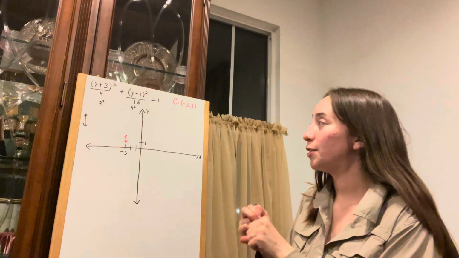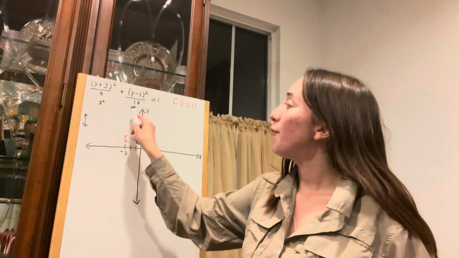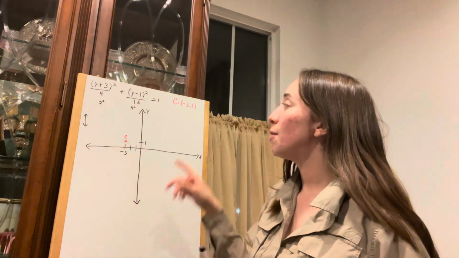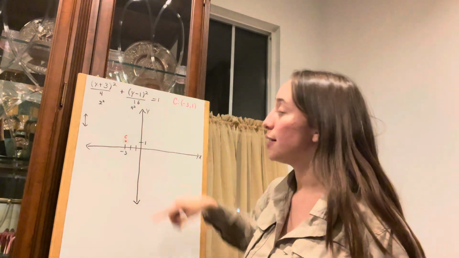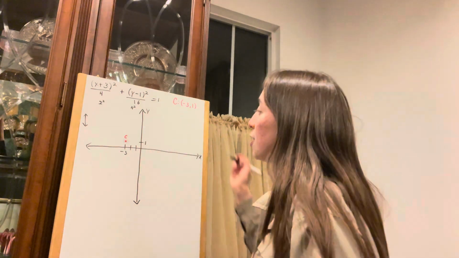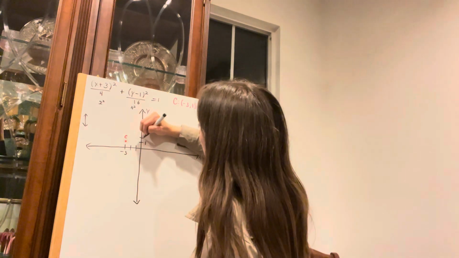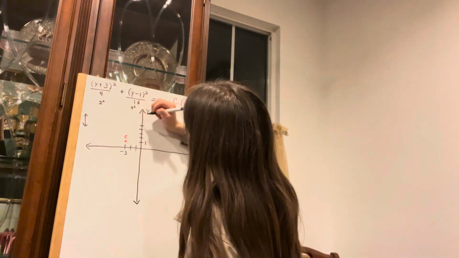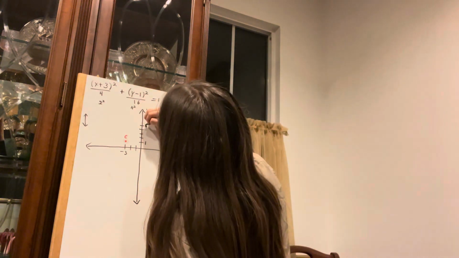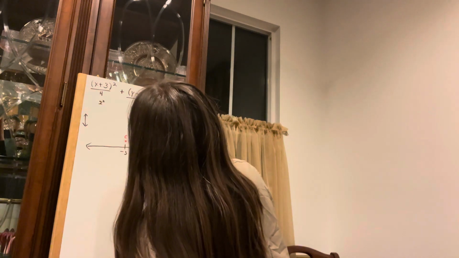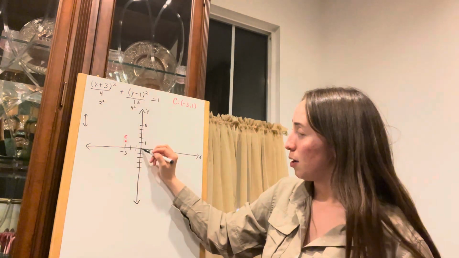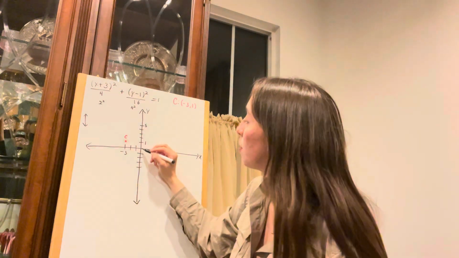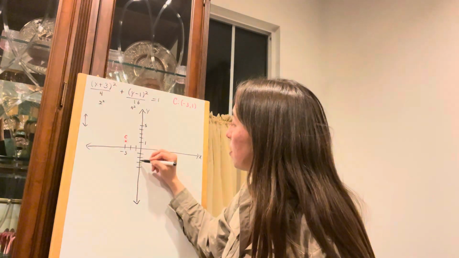Okay, so now that we know 4 squared and 2 squared, we know that I'm going to go up 4 on the y-axis and down 4 on the y-axis. So let's add those points. 1, 2, 3, 4. That is at a positive 5. But I can't forget the 0 is a point. So 0, 1, 2, 3, 4.